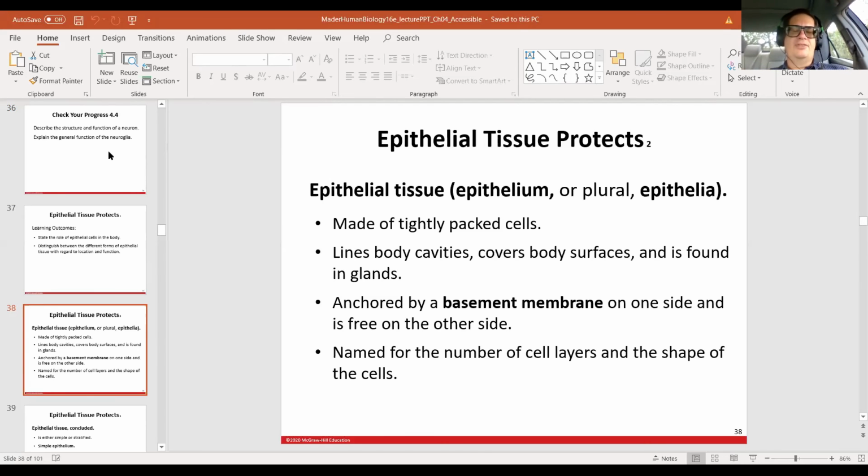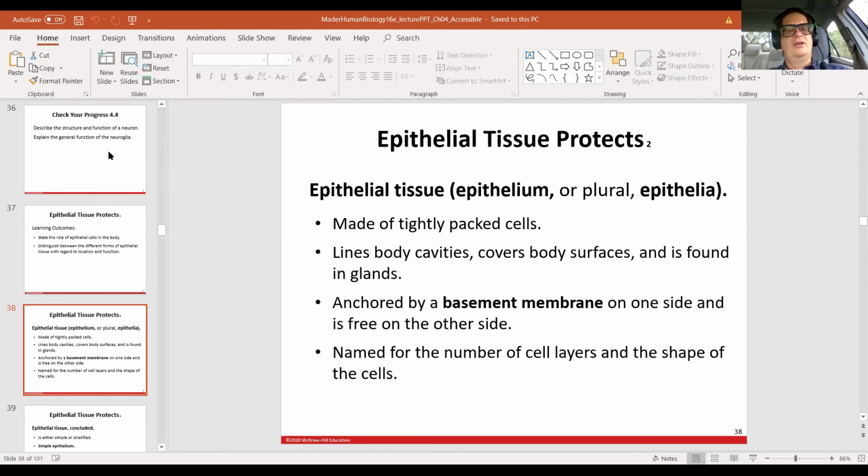And then shape of the cells. Well, I'm sure they're going over this, but if you have a tall vertical cell, looks kind of like the column, the architectural column in front of a building, we say it's columnar tissue. If it is like a soda can that you stepped on and squashed flat, we say it is squamous.